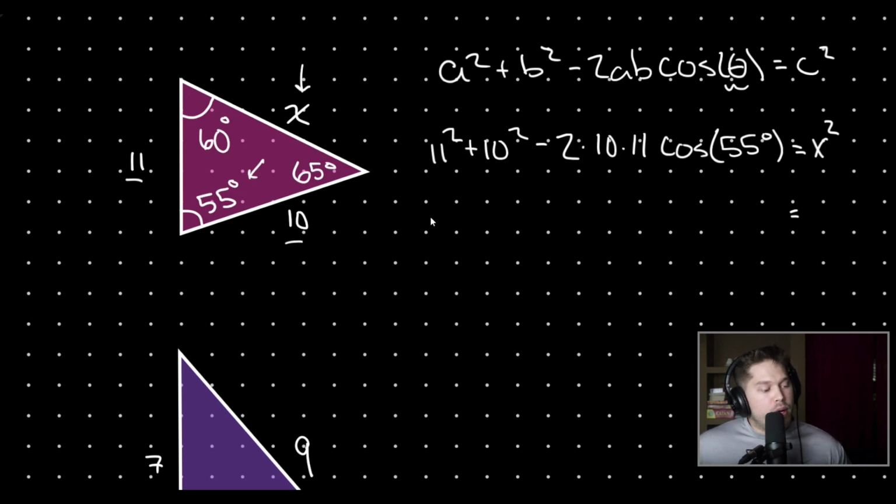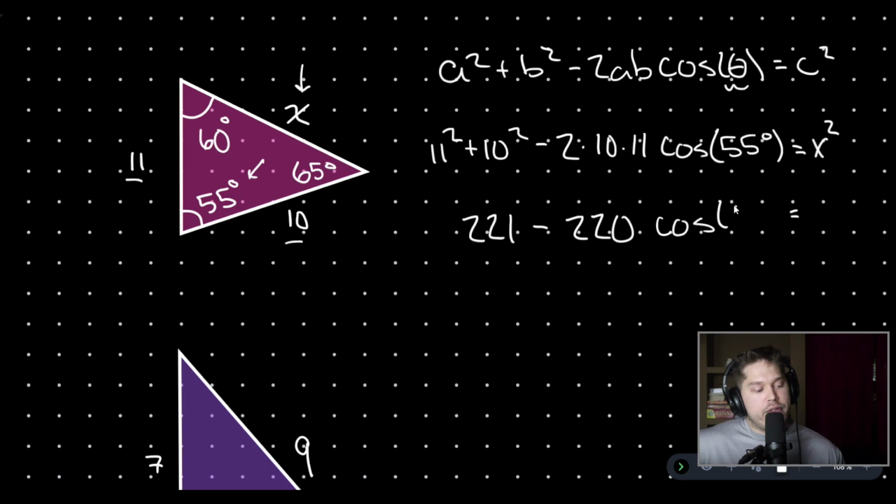So we have 121 plus 100. That's going to be 221 minus 2 times 11 is 22, times 10 is 220. So minus 220 cosine of 55 degrees, and this is going to be equal to our x squared. Then we can just take the square root in order to find our x.